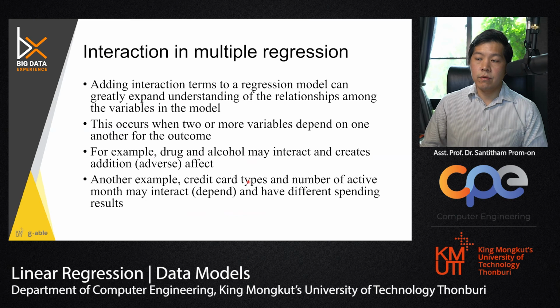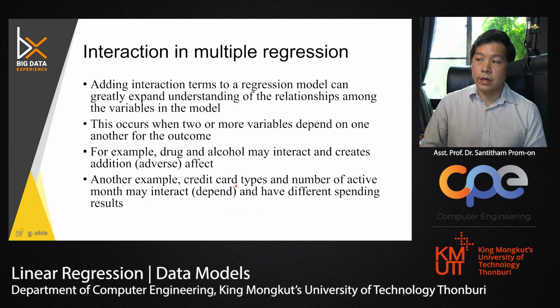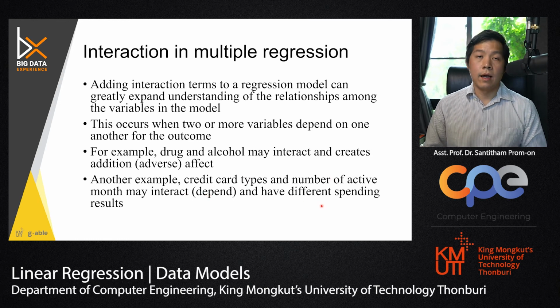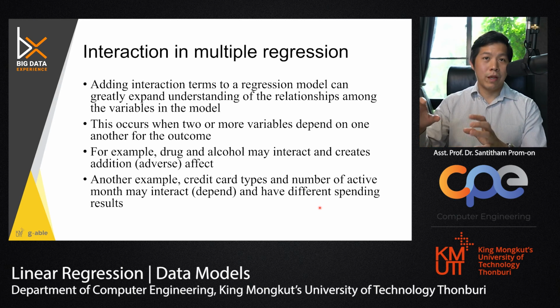Or if you look at the data from customers, the type of credit card that they use and the number of times that they are active in each month might result in different types of spending. Or the time you spend with the book and the time you spend writing code may result in different scores in this class.